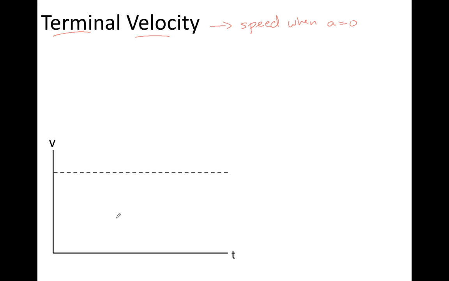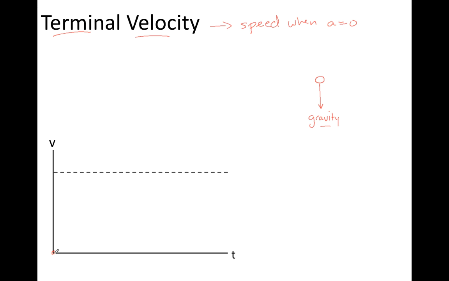So if you drop an object, here's an object and we're going to drop it from rest. Initially, the only force acting on it is gravity, because it's at rest. There's no drag force because it's not moving through the air yet. And so initially it is in free fall because the only force acting on it is gravity.